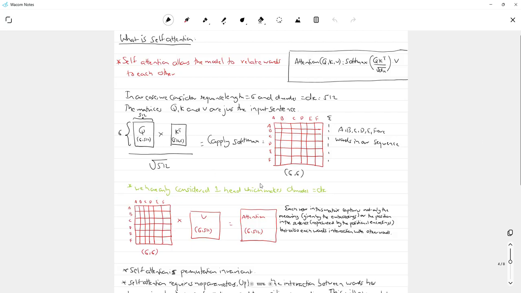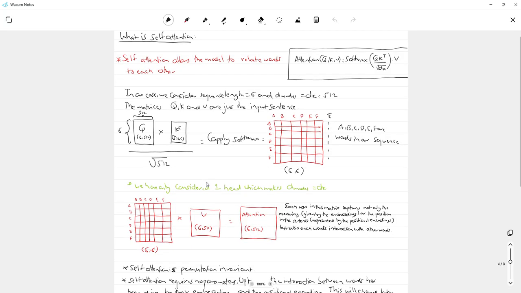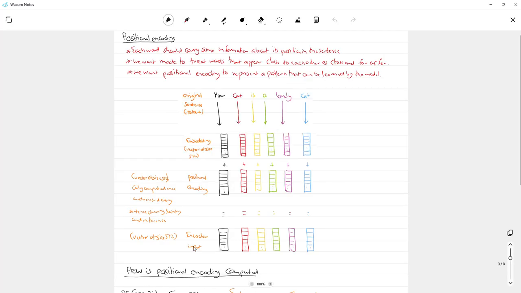Now we'll trace the steps. Initially, the input to the attention mechanism is the sequence of 6 words, each represented by a 512 dimensional vector. And where does this vector come from? This particular vector comes from here, which is the encoder input of size 6, 512.